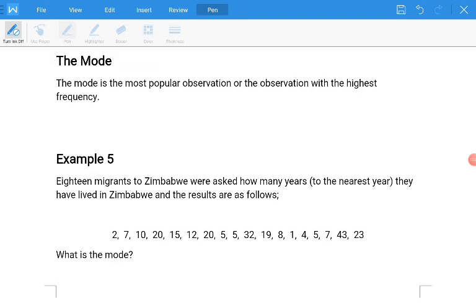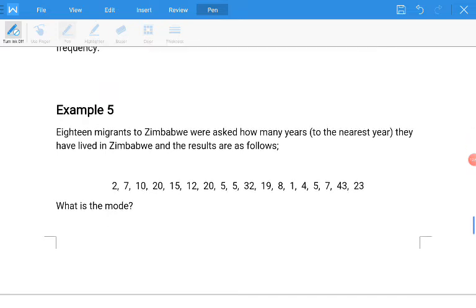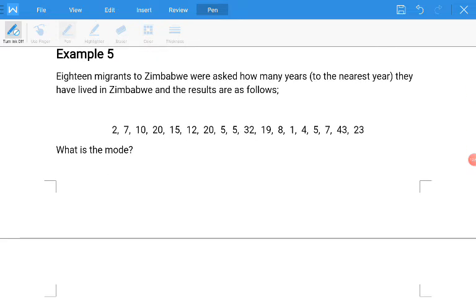By definition, the mode is the most popular observation, or the observation with the highest frequency. So let's look at example number 5. If we check on example number 5, 5 is appearing 3 times.